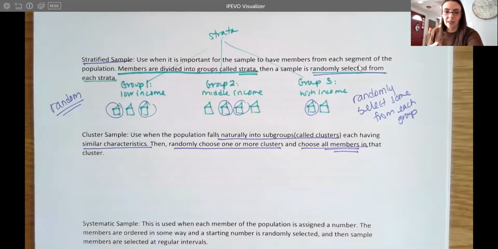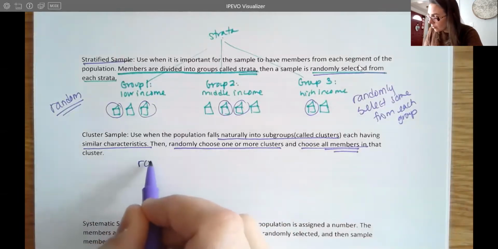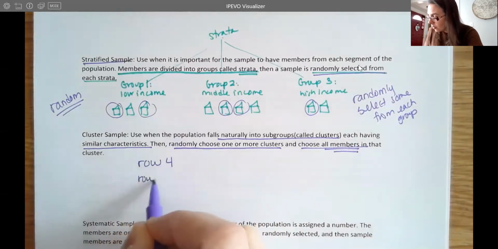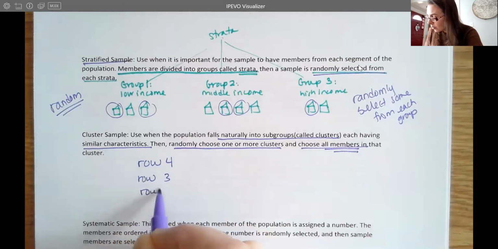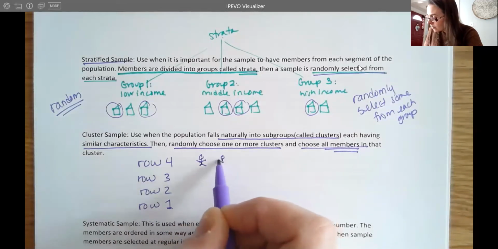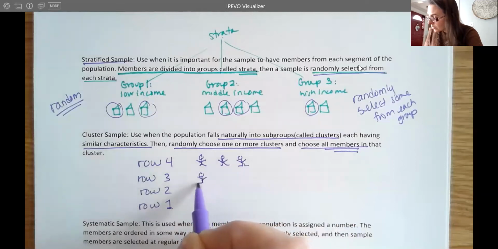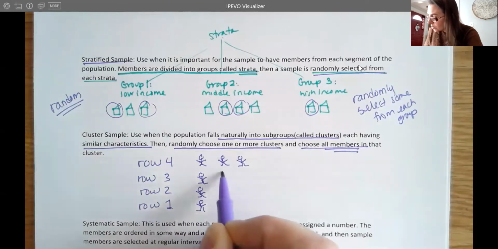I'm going to use my example that I did with the rows. Let's say I have a classroom and I have row 4, row 3, row 2, and row 1, and I have my students in my rows. All these little rows have however many students in them.